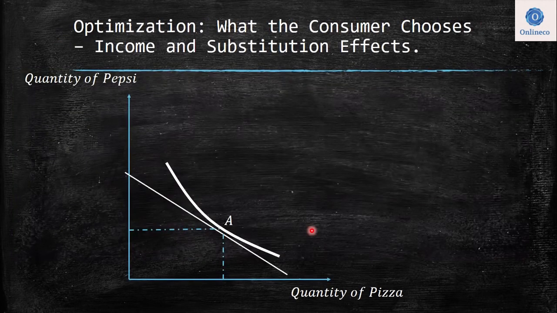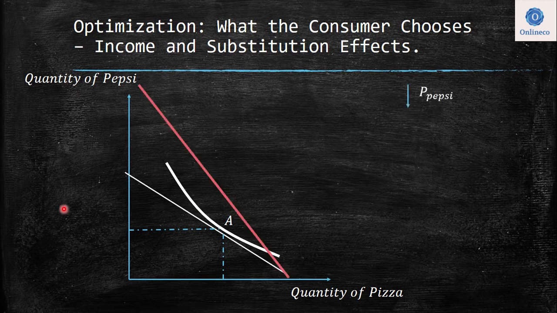Then, here we're going to decompose, and this is extremely important that you understand well. Here we have this initial situation, the optimal point where the slope of the indifference curve is exactly the same as the slope of the budget constraint. Imagine the situation that the price of Pepsi decreases.